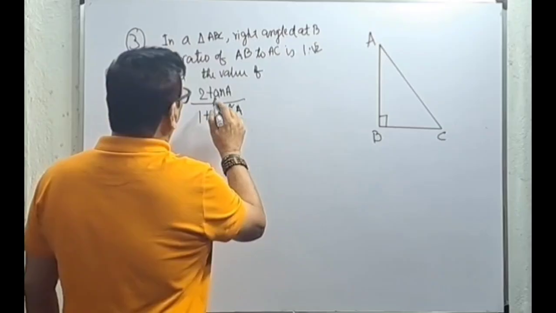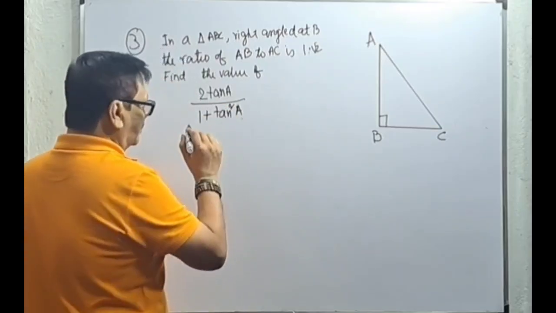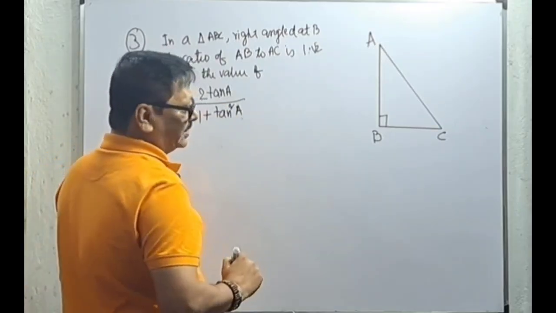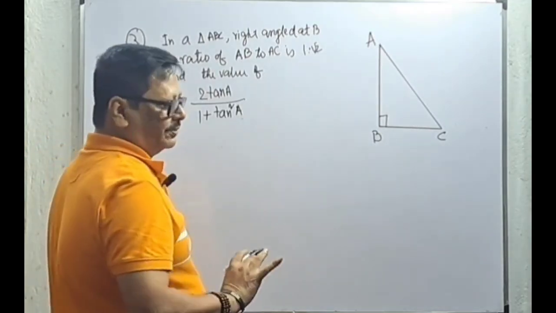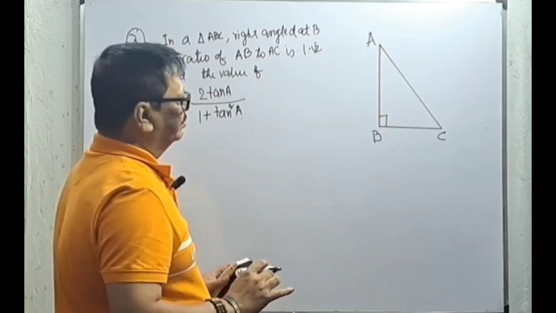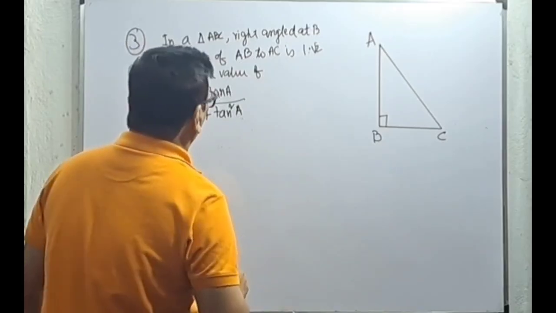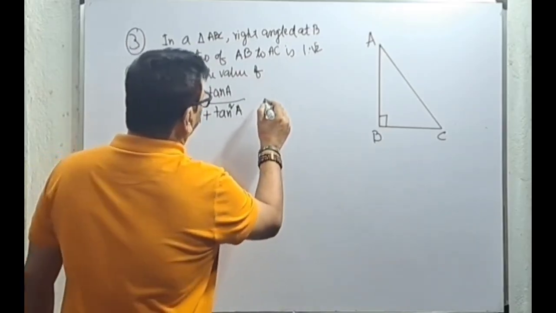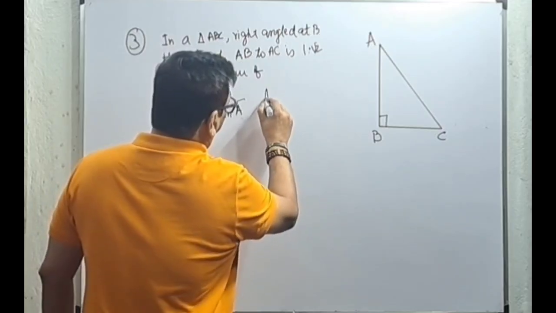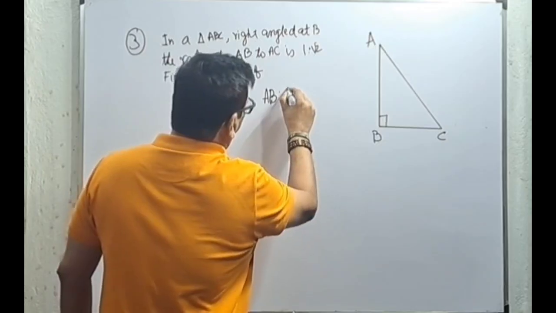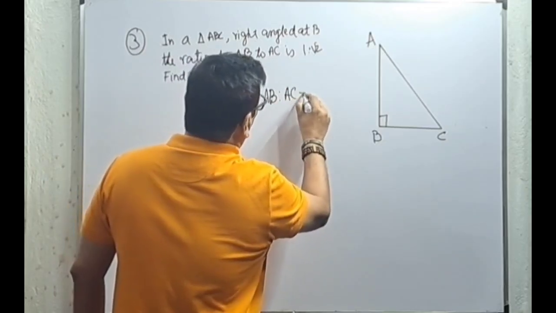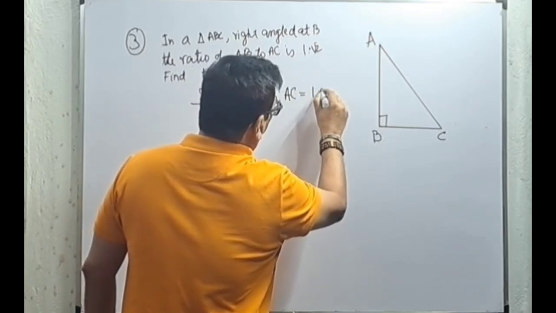Find the value of 2 tan A and 1 plus 2 tan A divided by 1 plus tan square A. Great. So let us first note down what we know, right? So it says AB is to AC is equal to 1:√2.